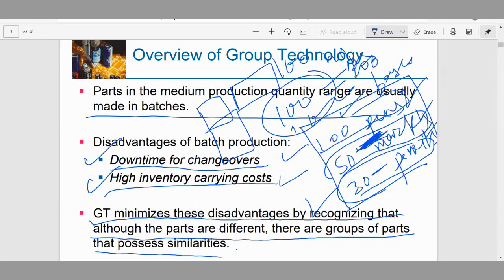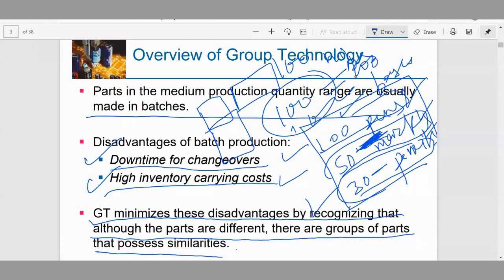Why not make cells, 4 cells, but 5 cells, sorry, 5 cells. In the first cell, the head will be produced. Second cell, body, third, back, and fourth, nib. And in the fifth cell, all these parts will be assembled and packed in cartons.